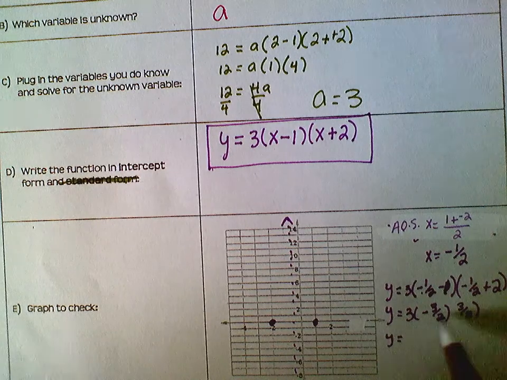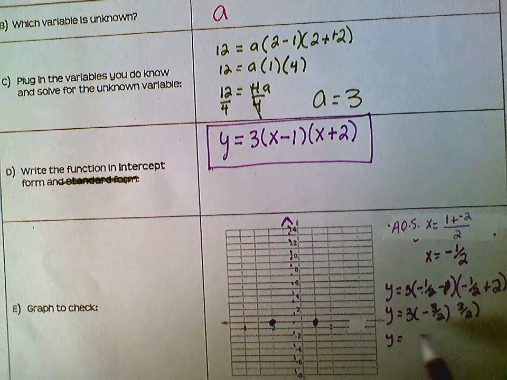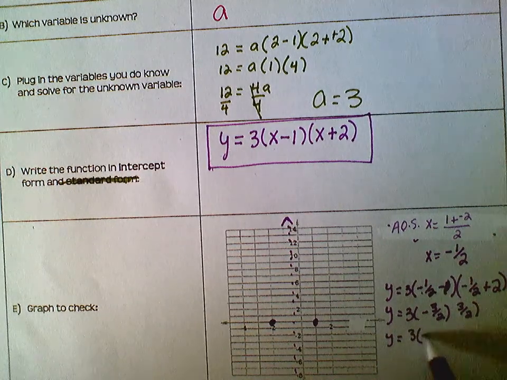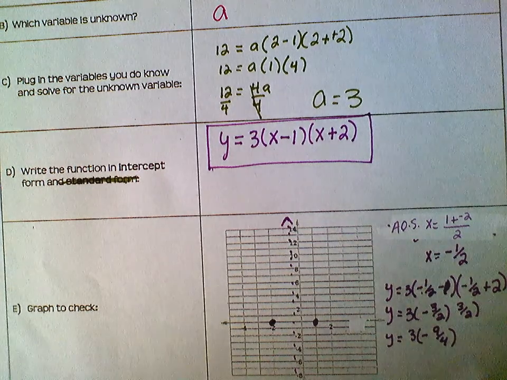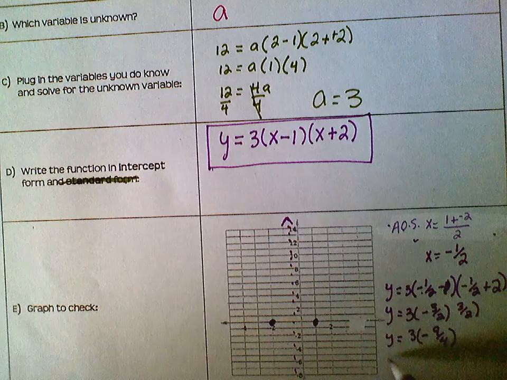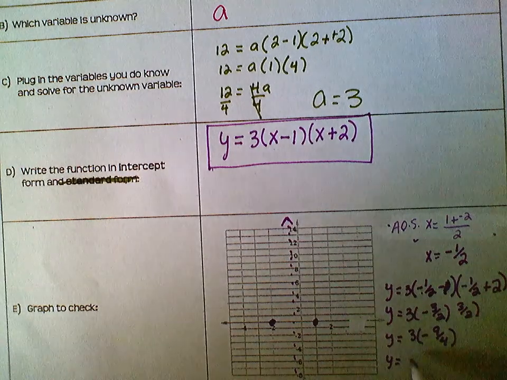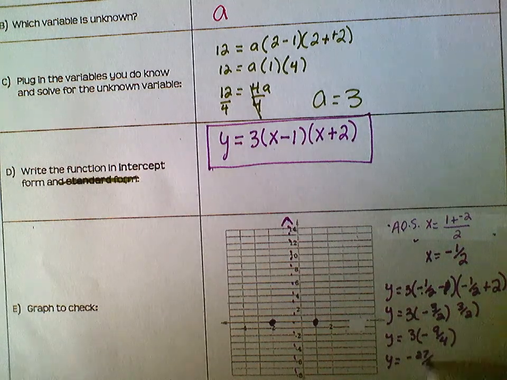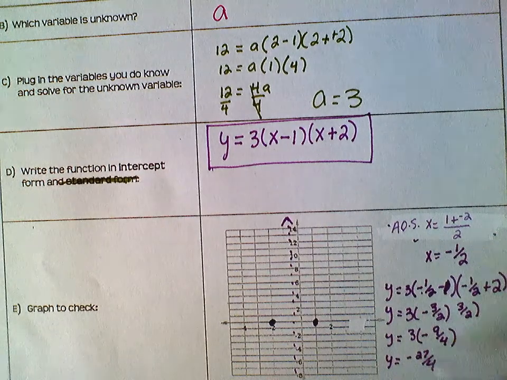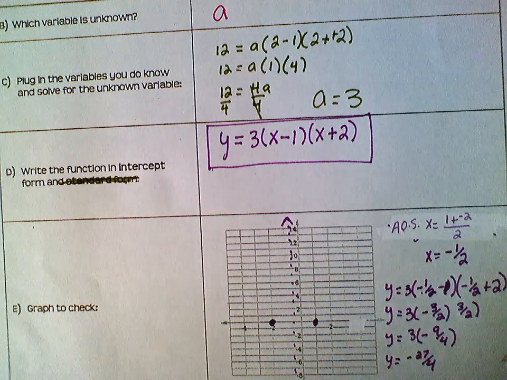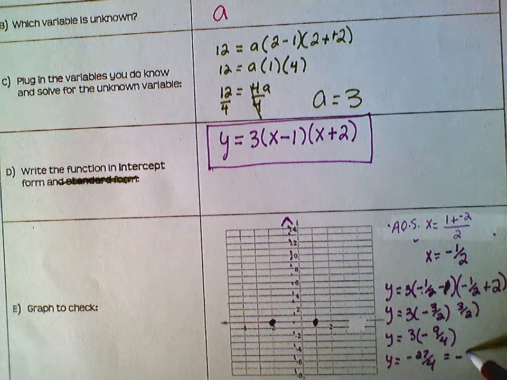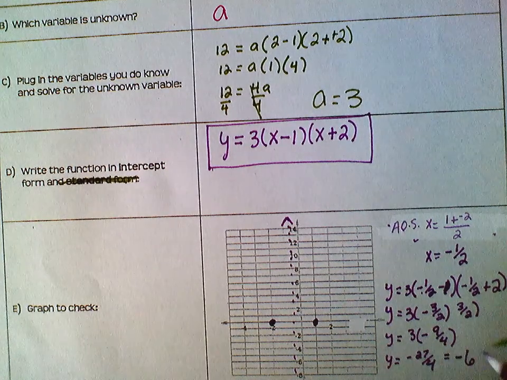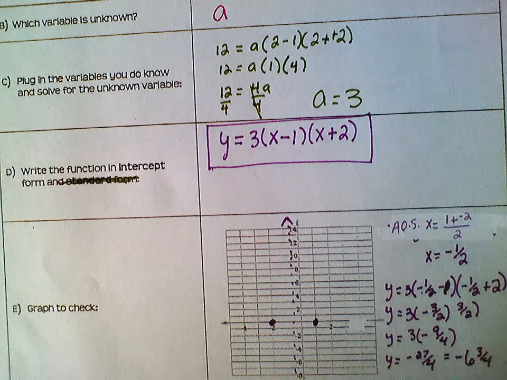So negative 3/2 times positive 3/2 is going to be a negative 9/4. And then I multiply that times 3, and I get negative 27/4. So 4 divides into negative 27 negative 6 times and 3/4.